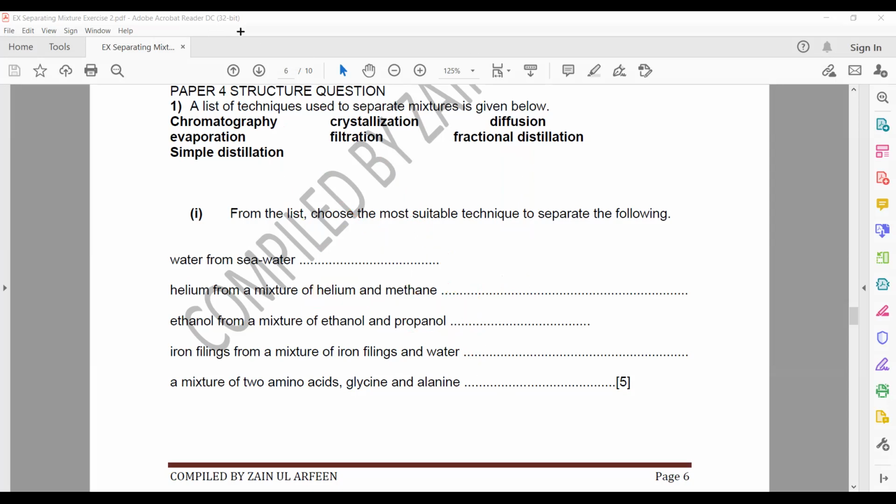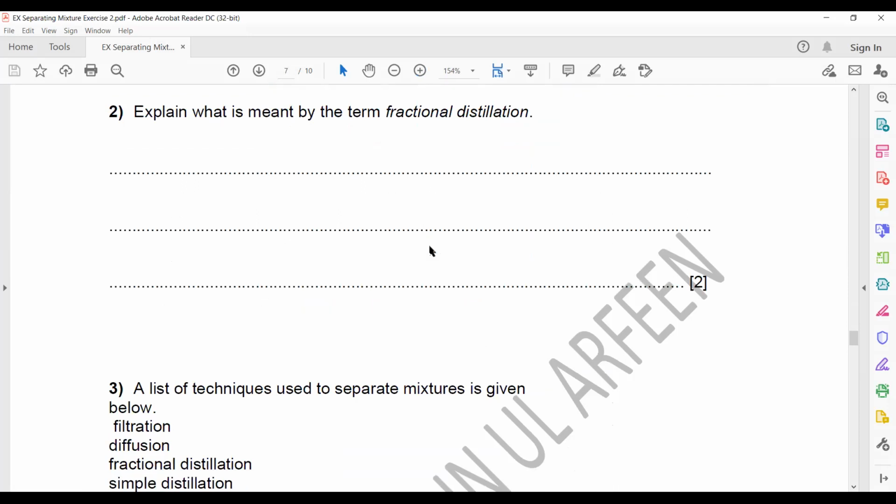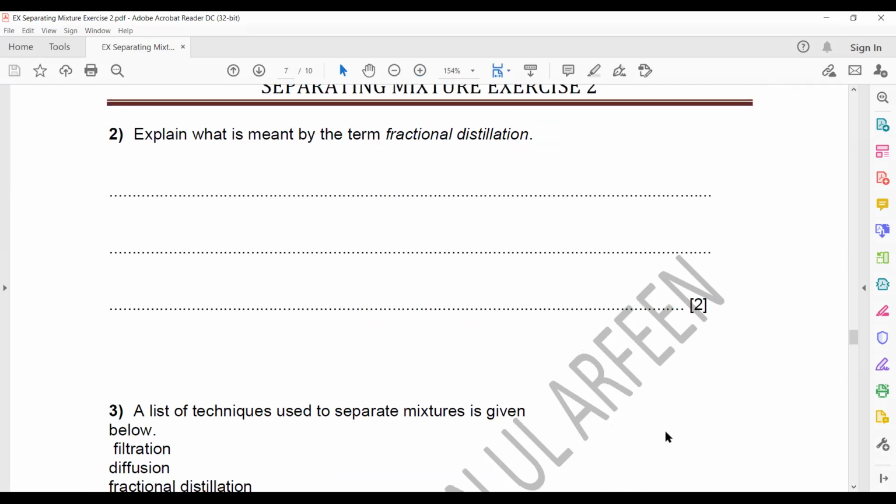Okay, moving on to the next question. The question is, what is meant by the term fractional distillation? So basically they're asking the definition of fractional distillation. So what is the definition of fractional distillation?